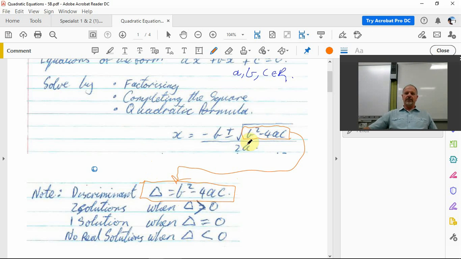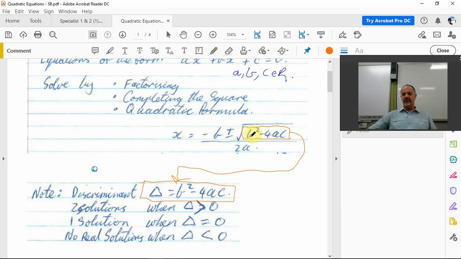All right. And so if there's two solutions, then this number under here, the discriminant, would be greater than 0. All right, and you get one solution when it's equal to 0, because then the square root of 0 is 0, and then you're adding and subtracting 0, which leaves you with the same thing. And then the third option is when it's less than 0, then you have no real solutions.